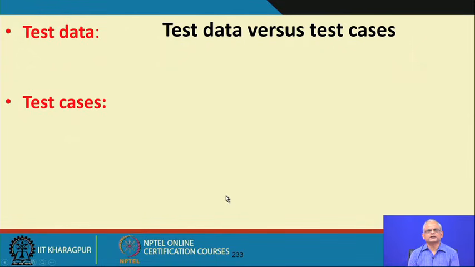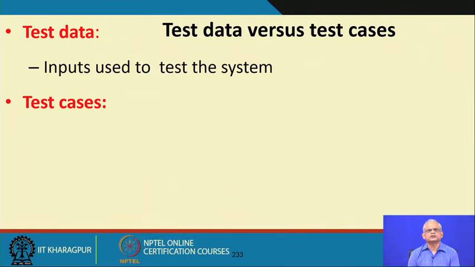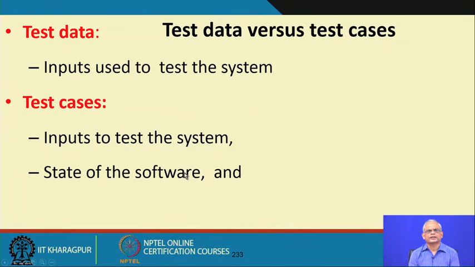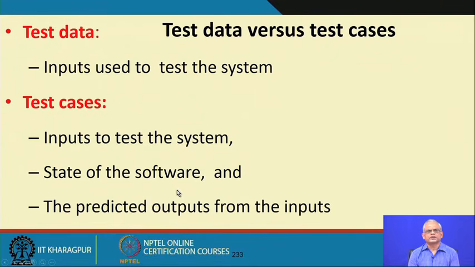Now, let us look at a finer distinction between test data and test case. Test data, as the name says, is just the inputs, test inputs that are given to the system. These are the basic data to execute. Whereas the test cases not only describe the input data to be given to the system, they also describe at which state of the software this data needs to be input, and also the predicted output that should be obtained from the input.